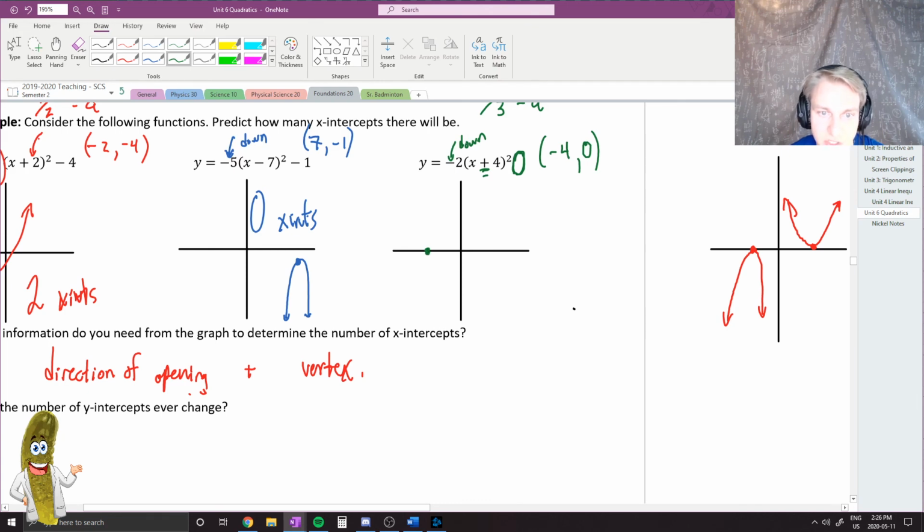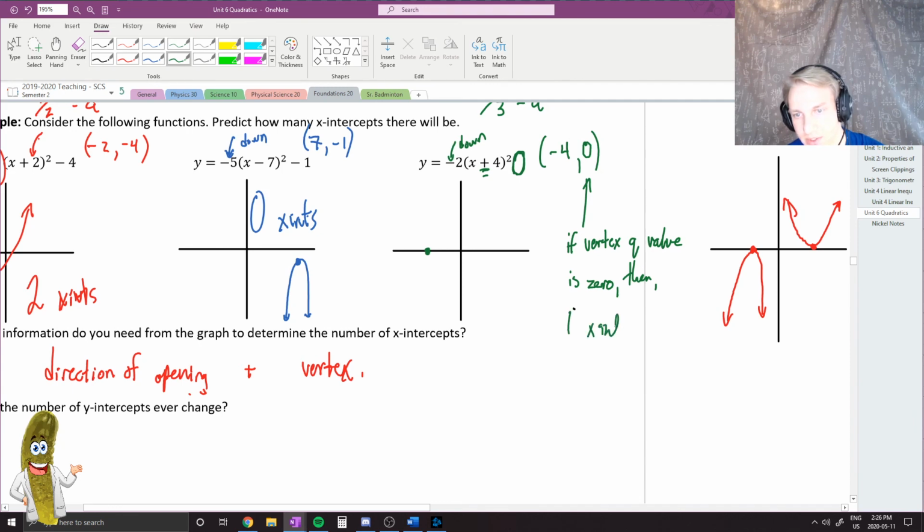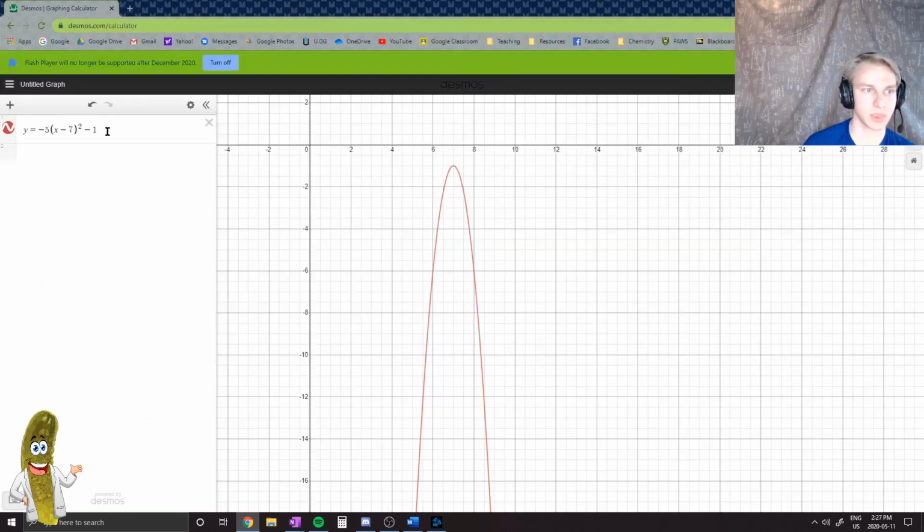Now in this case, as soon as I see that y value of 0, I actually don't even need to decide if this is opening up or down. It doesn't matter. I know that if this vertex q value is 0, then we have one x-intercept. And I also know that this opens down, so I can simulate what that graph will look like.